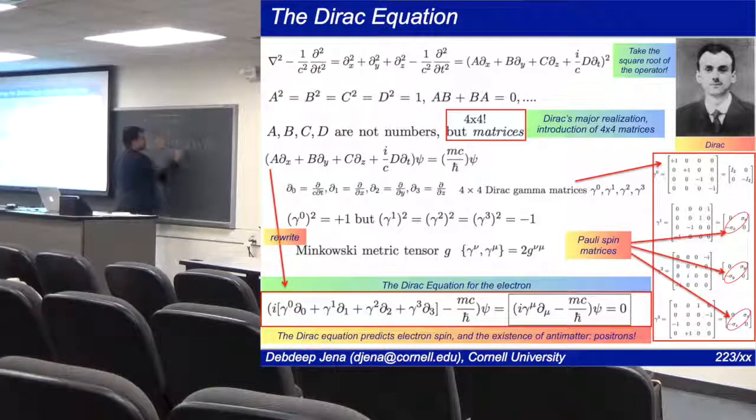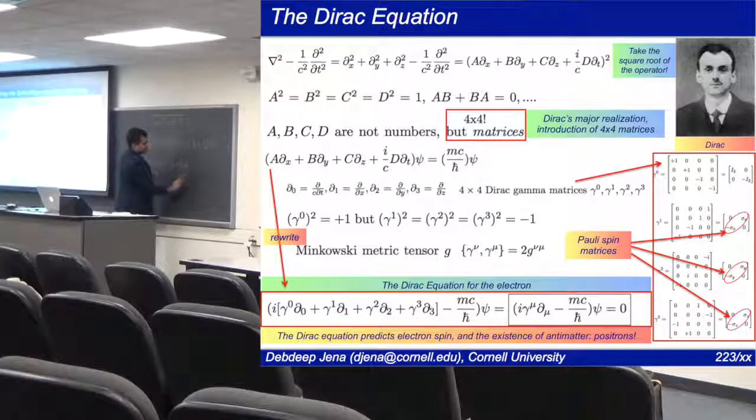Basically he was able to find these coefficients a, b, c, and d, so that once you have this, instead of taking the energy squared as the operator, you can just take one of these two factors, and the quantum mechanical equation then will become with d over c. This c is the speed of light, not this coefficient.